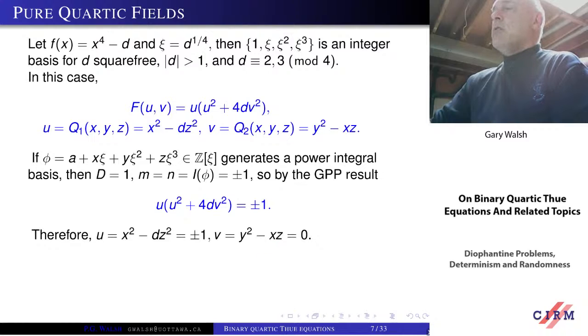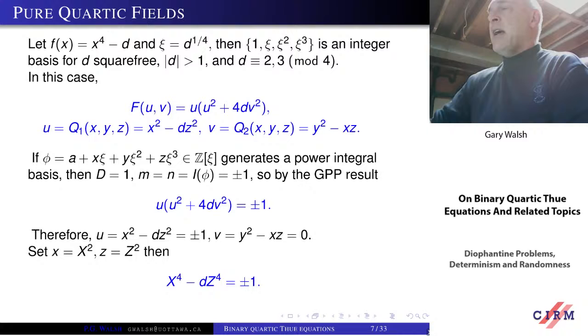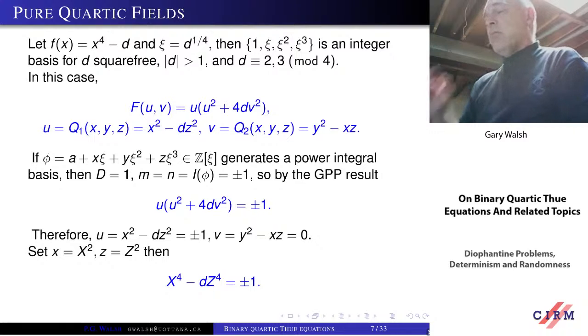So what I'm going to do is label little x to be capital X squared, and little z to be capital Z squared, and plug those into this equation right here. At the end of all of this analysis, we get this quartic equation. This is really going to become the main topic of the lecture.